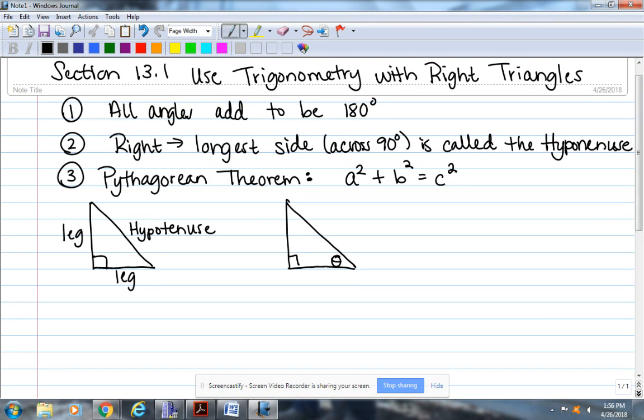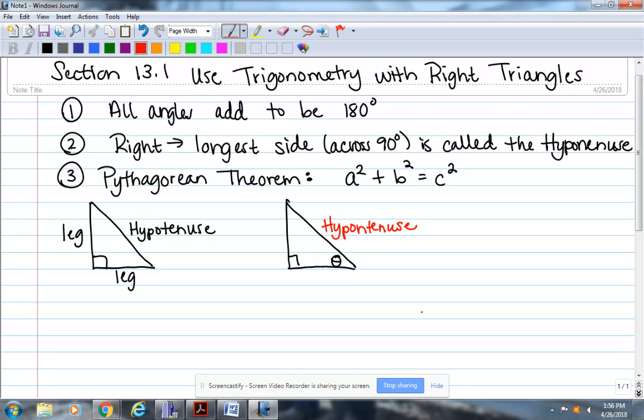So if we have our angle down here, then the hypotenuse is going to stay the hypotenuse. It's the one across from the 90-degree angle. The leg, you've got two legs also.